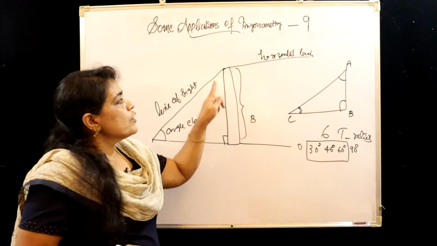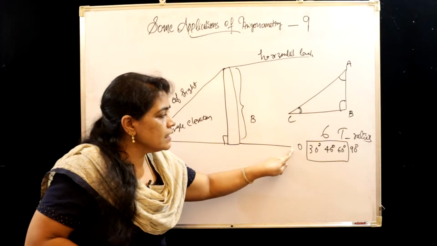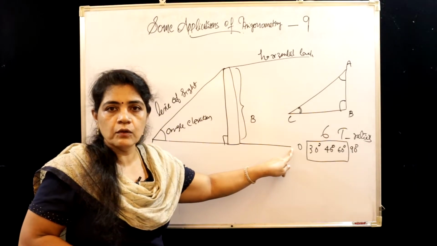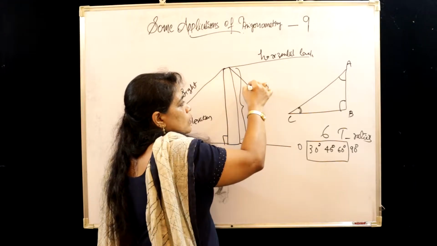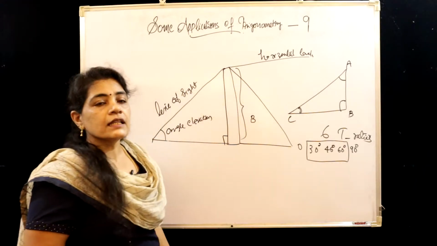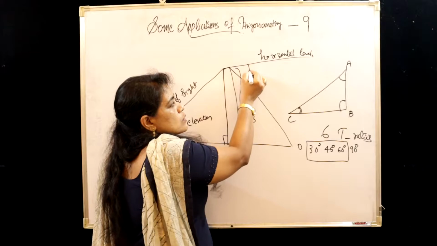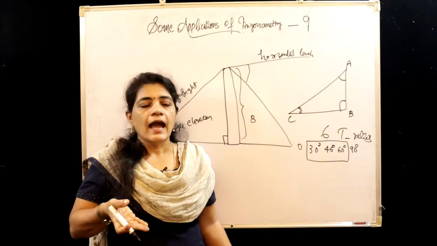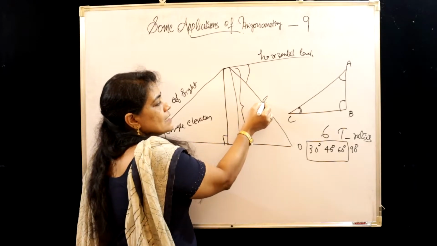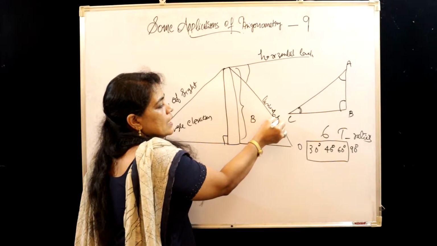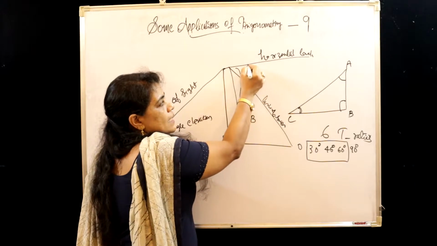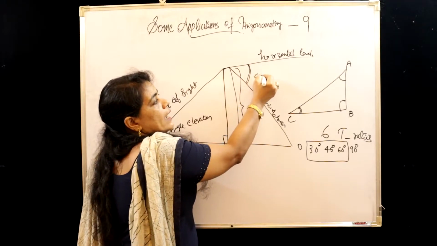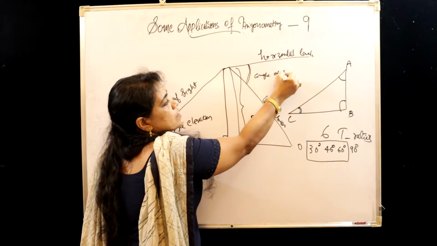From this point I want to see this object on the ground, and this is what we call the line of sight. The angle between this horizontal, that means the line parallel to the ground, and this line of sight, is what we call the angle of depression.